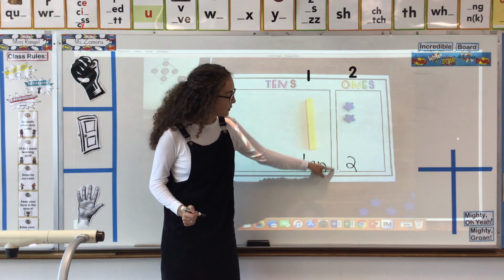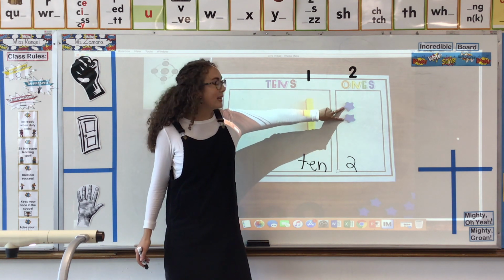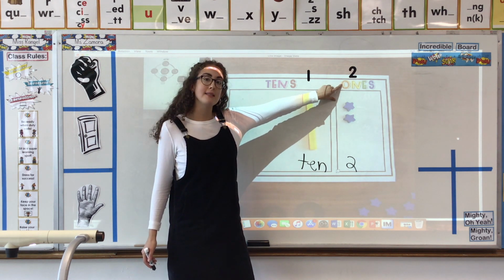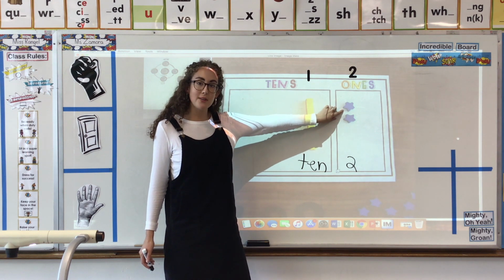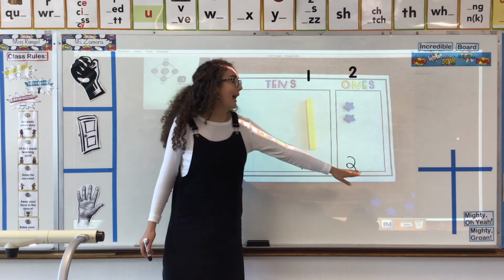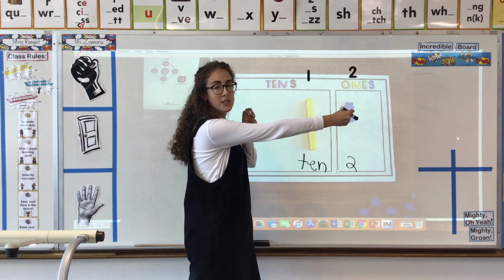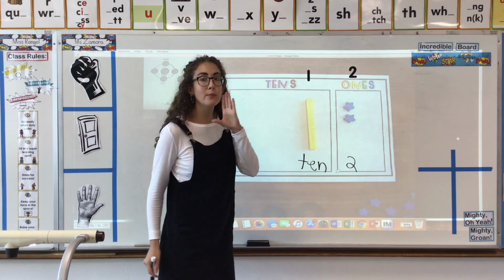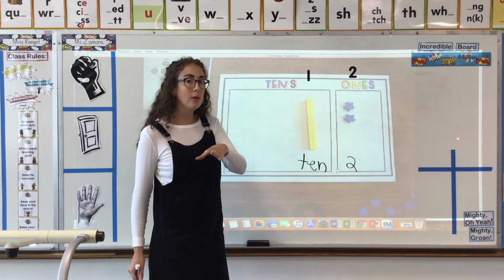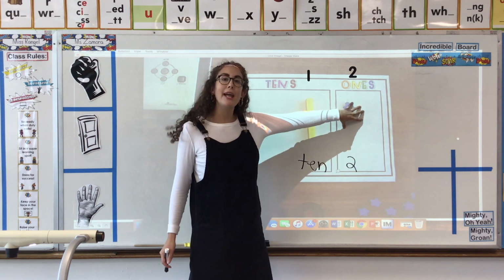There's still only this 1 10 in 12, but now we have 2 ones that we showed through our erasers. So 12 we can say as 10 2. We're breaking apart that 2-digit number and being able to identify that we know in 12 there's 1 10 and 2 ones.